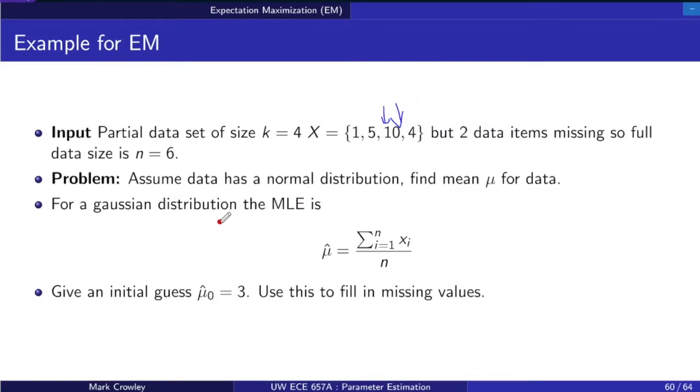If we assume that the data has a normal distribution, we could do MLE, come up with that formula, and build our estimator for mu as just the empirical mean of the values that we've seen. We say the mean is the average of these values, right? But I'm going to guess what the other data points are first, right?